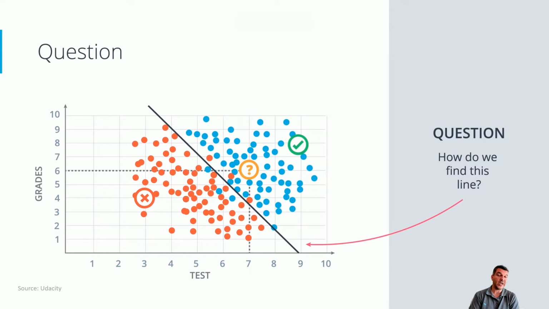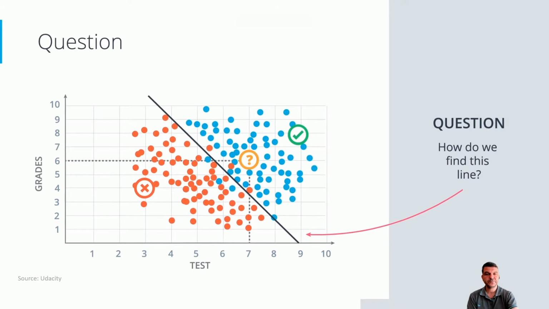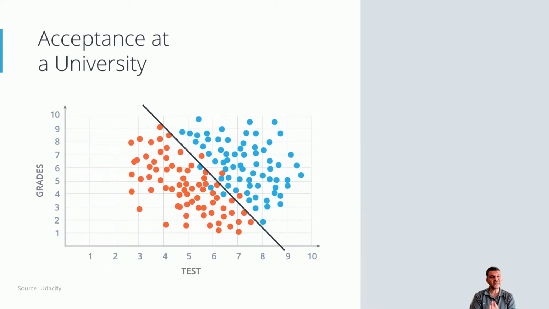And before we answer this, as I said, from a more mathematical perspective, look at what this line really is before we look at how to find it. Now, in order to look at it mathematically, we have to draw the x and the y axis. However, because we are dealing with a neural network here, where the x-axis is the test and the y-axis is the grades, for us these are two separate inputs.